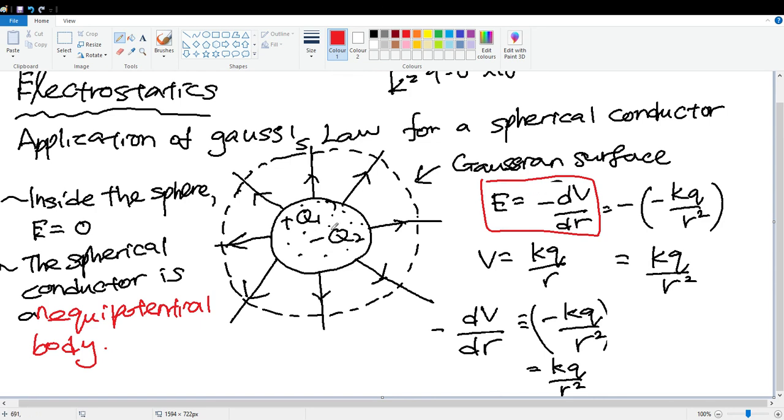Since every point inside this spherical conductor is at 30 volts, there is no potential difference. Hence there is no change in the electric potential, and the potential gradient for the spherical conductor is considered to be 0.